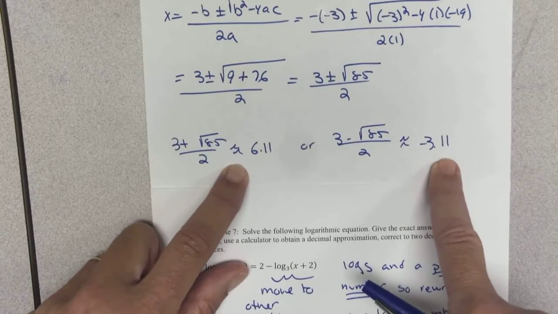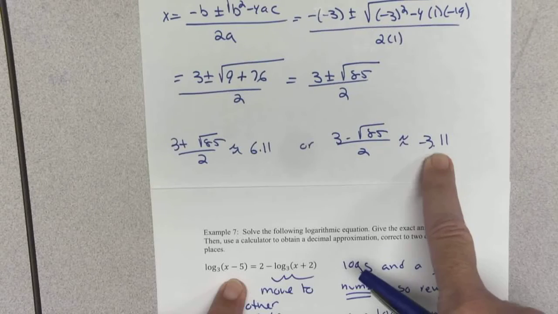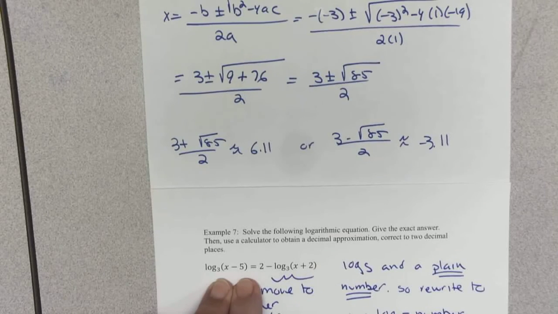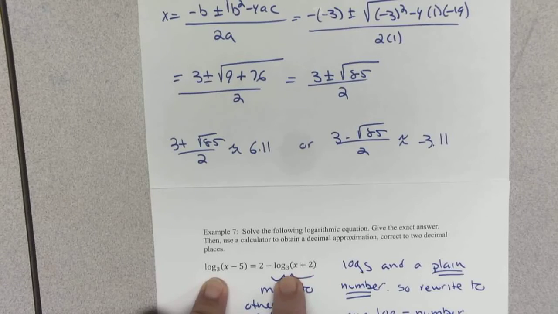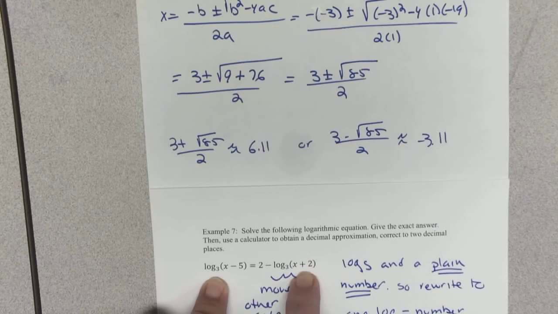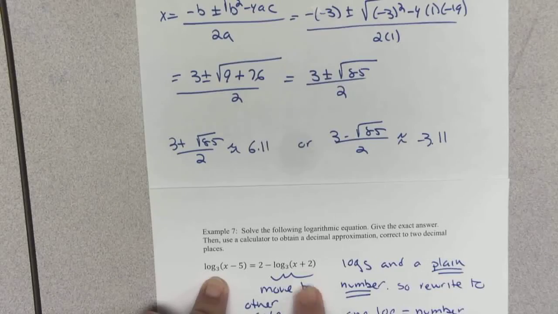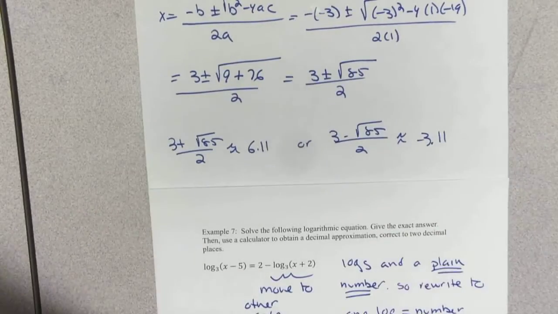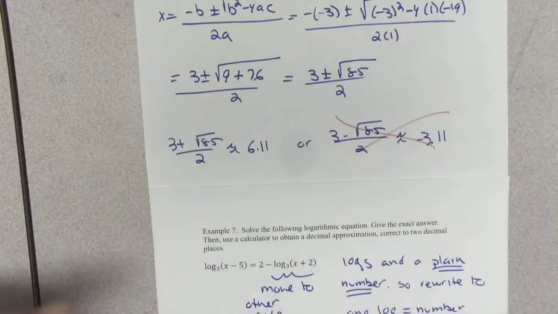However, this answer over here, notice if I put negative 3.11 in here, that's going to be negative 8.11. Log base 3 of negative 8.11, can't do logarithms of negatives, and it's also not going to work over here. If I put that negative number in there, that's going to be log of negative 1.11, and I can't do that. And so this guy, even though hopefully I didn't make a mistake, it's not going to work because I can't do logs of negatives. And so there should be my answer.